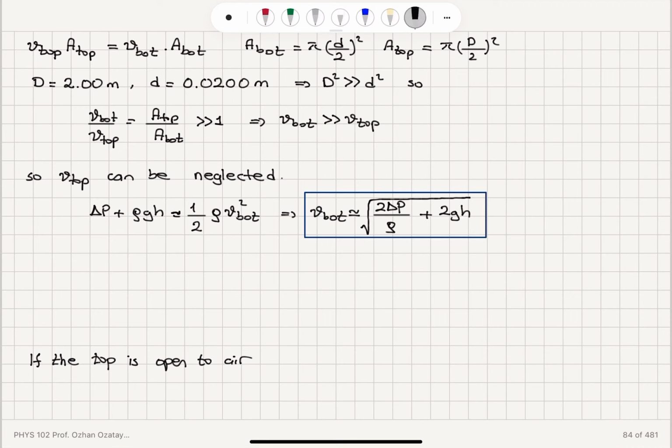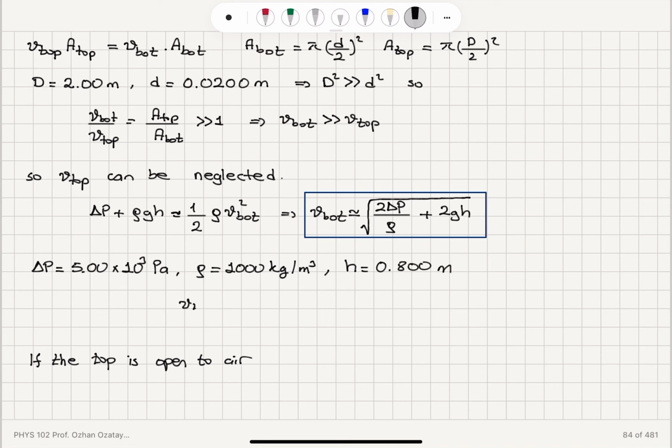Now I can substitute the numbers. Delta P was given in the problem statement as 5.00 times 10 to the 3 pascals. The density of water is 1000 kilograms per meter cubed. The depth of the tank, the height, is 0.800 meters.